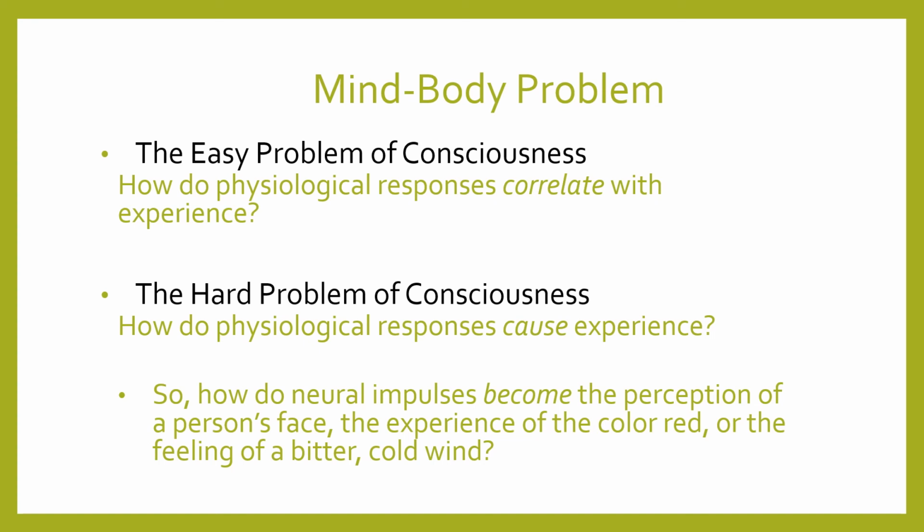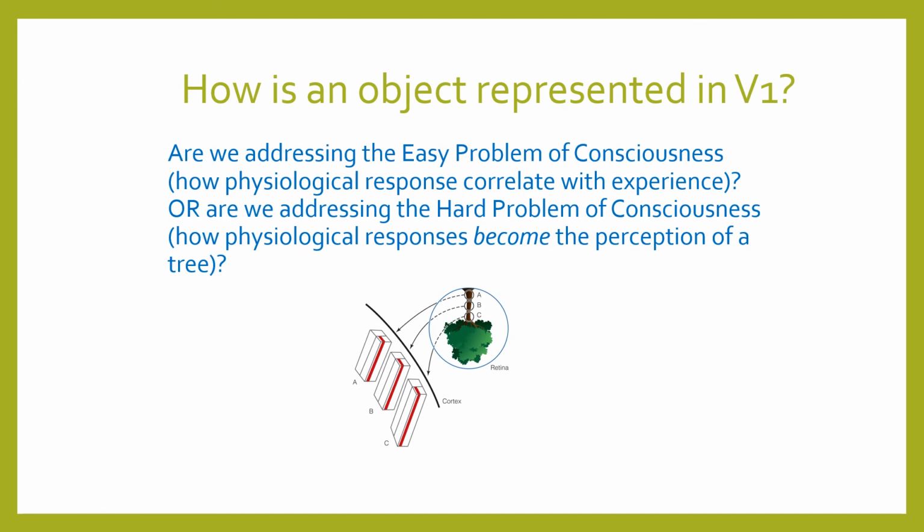And so I hope that you have a similar kind of, wow, how do these physiological responses, how does brain chemistry and ions flowing cause or transform into experience? And if I go back to it here, I'm asking the same question again, only if you remember where we are right now is in the visual cortex, and we are looking at a tree, and we have the representation of this tree as these separated orientation columns, that's the little area that is responding to a vertical orientation.